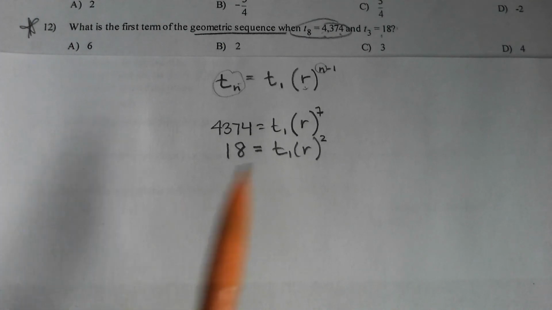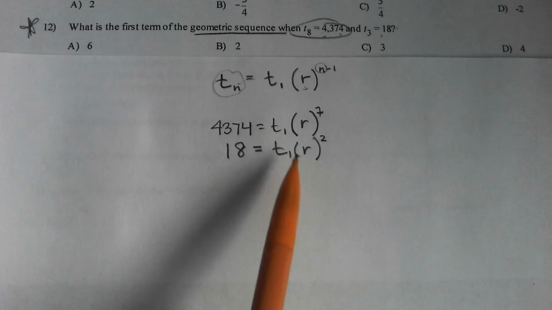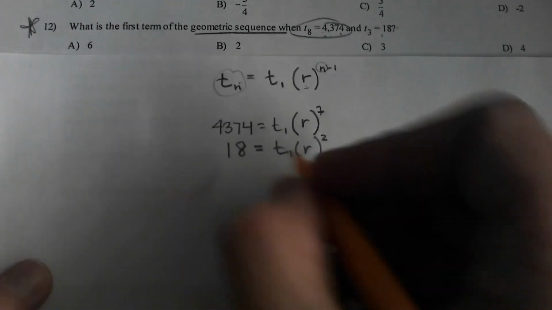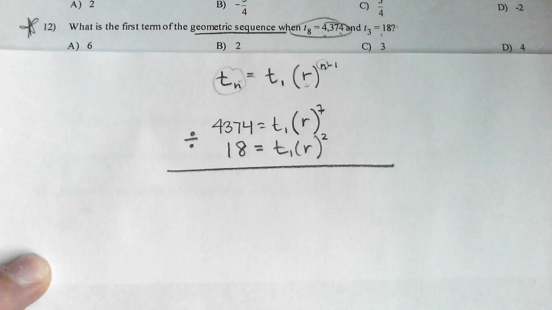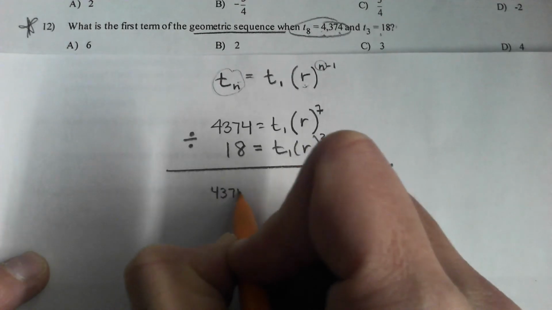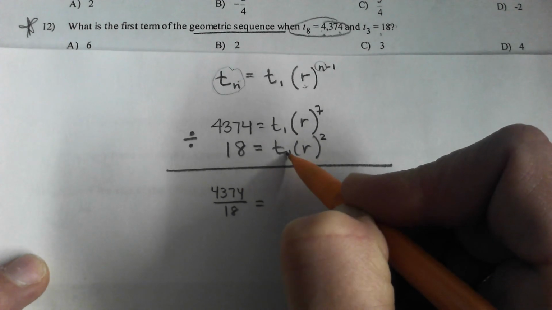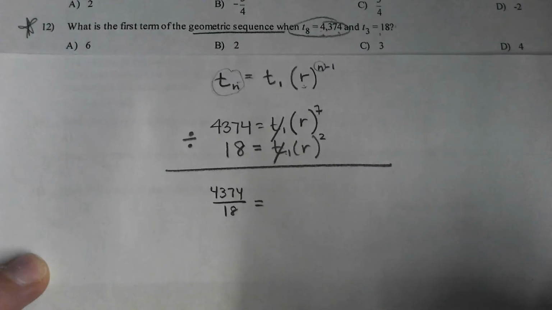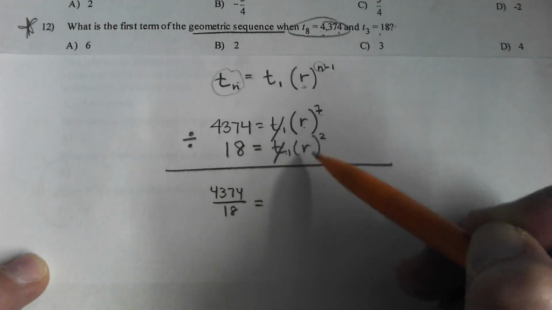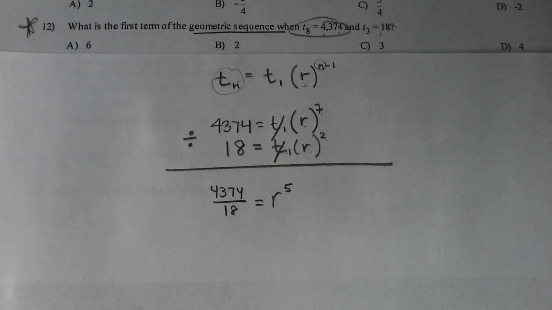But because these are not separated by an addition or subtraction sign individually, adding these equations together and subtracting them is not going to work. But if you divide them, 4374 over 18, Lord knows what that is. We're just going to leave it. T sub 1 divided by T sub 1, here's your elimination. It cancels, right? Then your exponent rules, r to the 7th divided by r to the 2nd is r to the 5th. And then you solve for r.